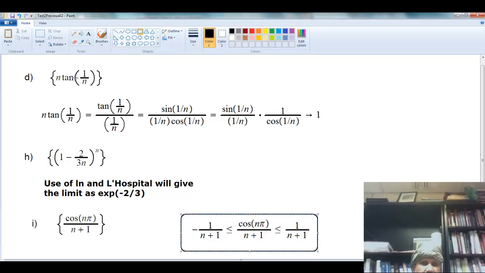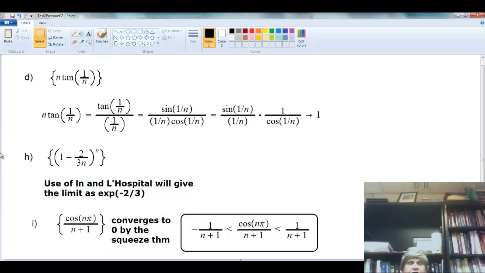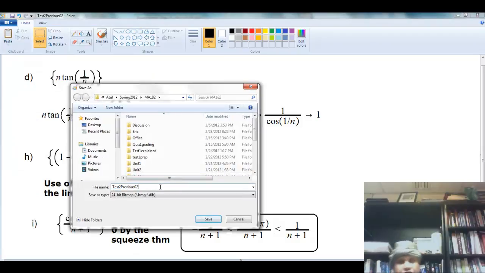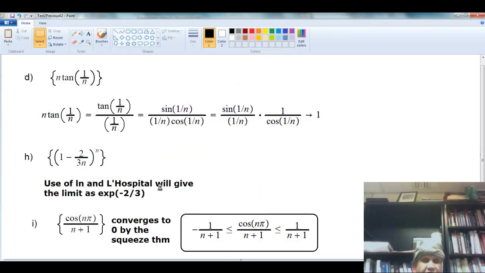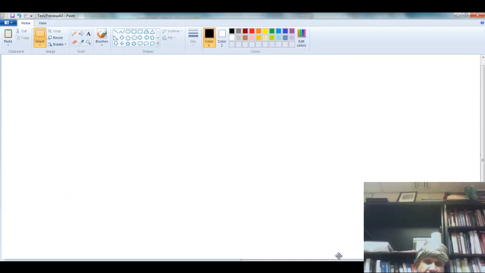So this will be bigger than negative 1 over n plus 1, and always less than or equal to 1 over n plus 1. As n goes to infinity, both extremes go to 0, so the middle one will be squished to 0, by the squeeze theorem.